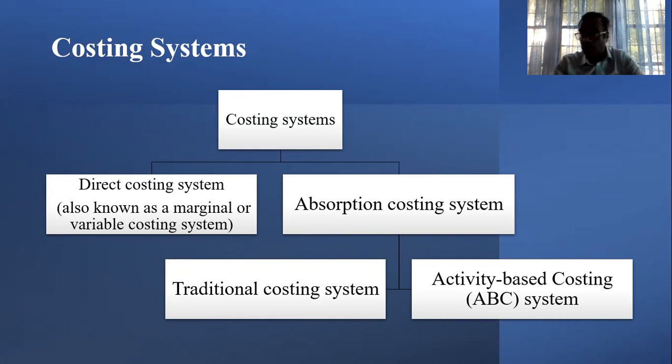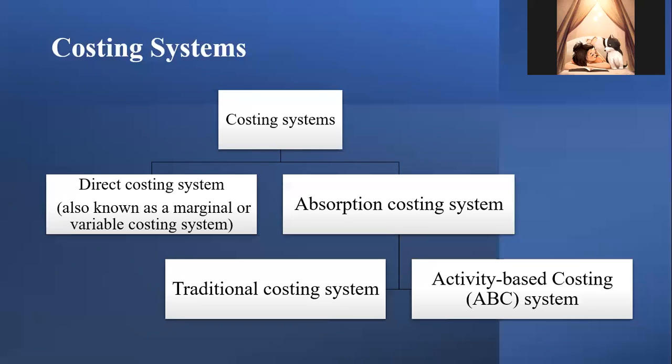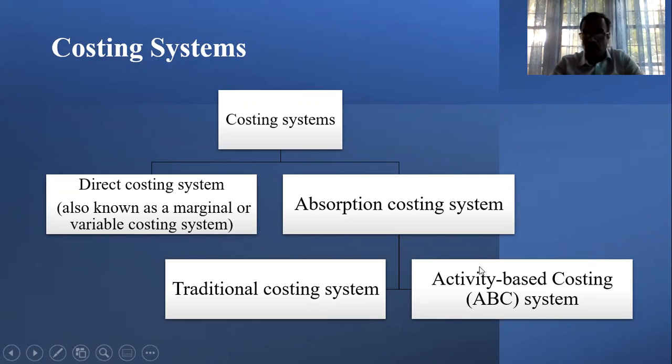You can argue whether it is a new one or an old one. Some argue that it is now traditional too, but nevertheless, for our understanding purposes, we have traditional and activity based. So, the simple difference between activity based and traditional.